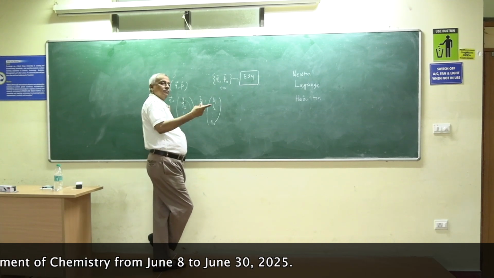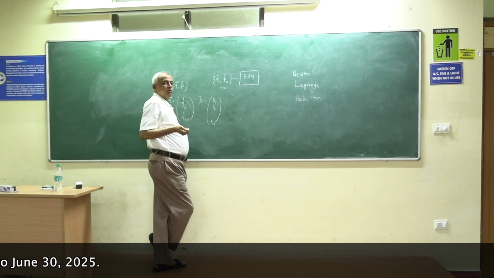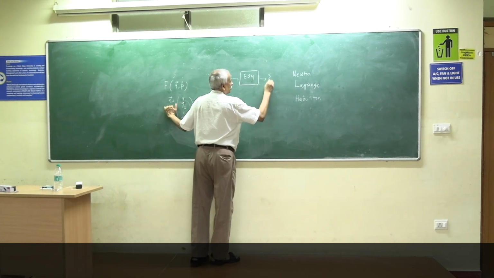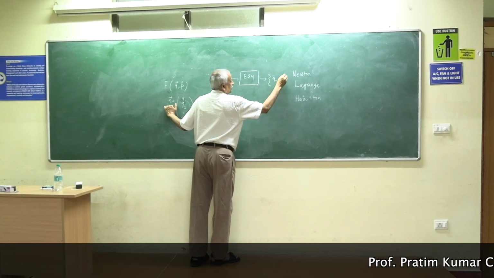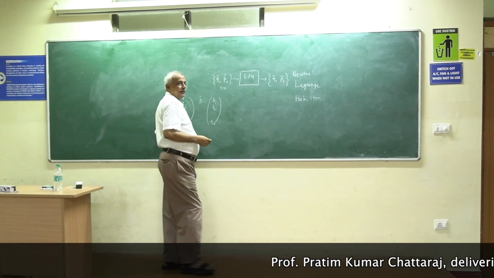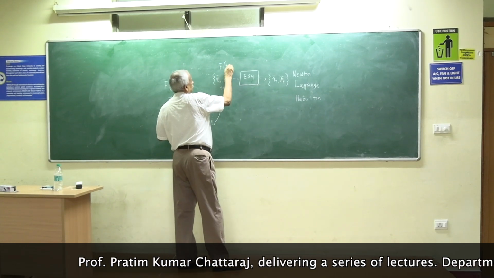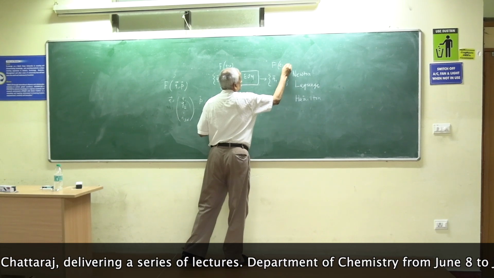If I solve them, at a later time I can tell what the position and the momentum will be. That means I can get qt and pt at any later time. And if I know this, I know the function at t equal to 0, I know the function at t equal to t.